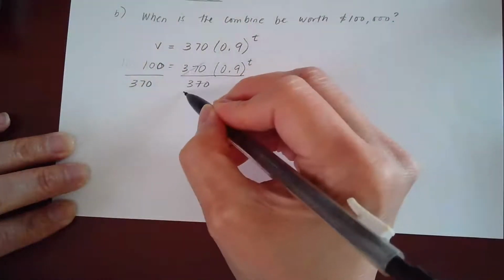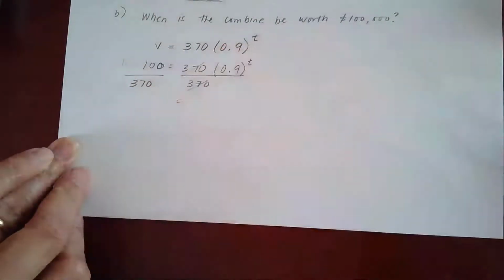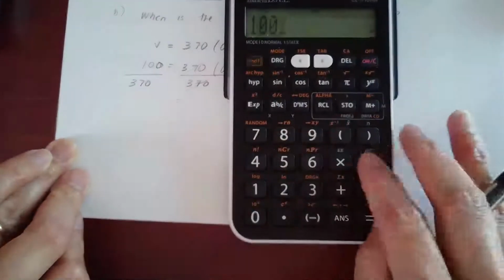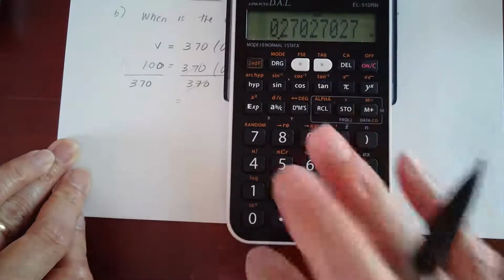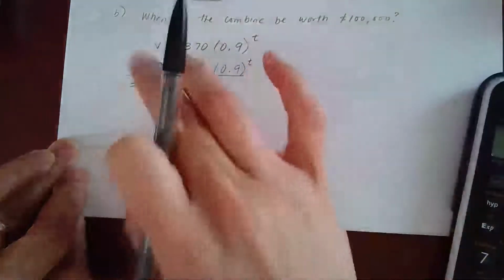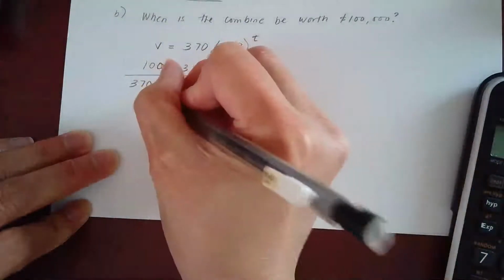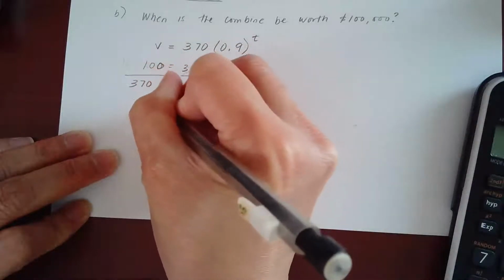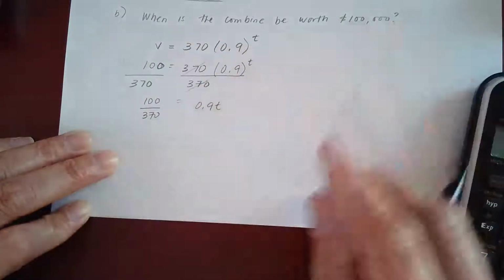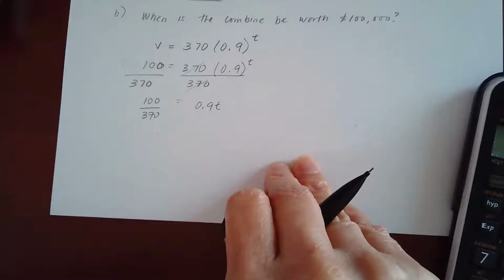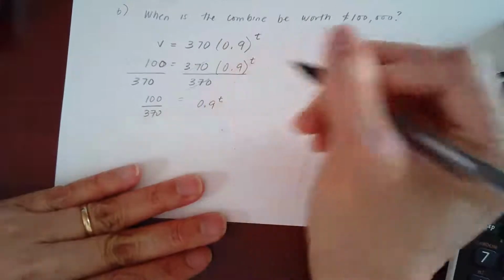So that cancels, that cancels. Now let's see what that number is. 100 divided by 370 is going to be 0.27. I'm just going to leave it like that for now so that I don't have to round off right away. So 100 divided by 370 equals 0.9 to the t, exponent t.